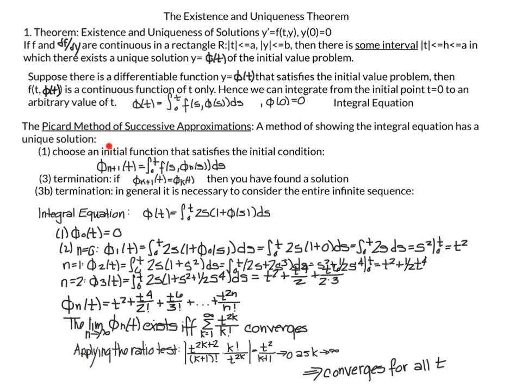Then from there, we get a series of functions, phi n plus 1, using the previous phi n to compute our next function. So we have a sequence of functions, none of which solve our differential equation, but from the limit of our sequence of phi n, we can find a solution.